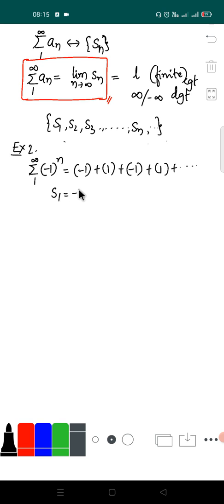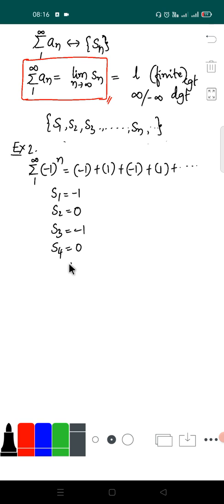S1 is negative 1, S2 is negative 1 plus 1, that is 0. S3 is the summation of the first 3 terms, that is minus 1. S4 is 0.